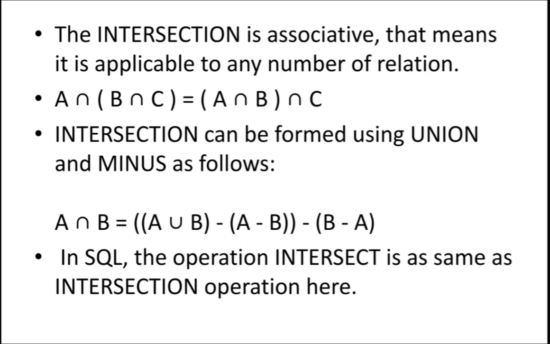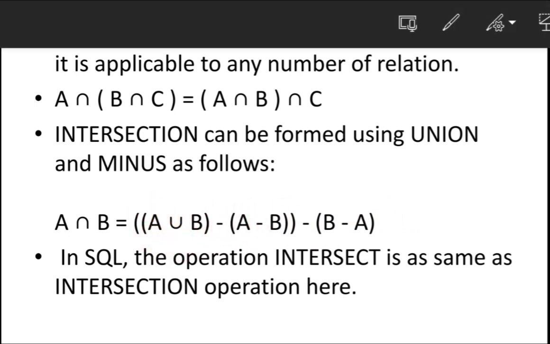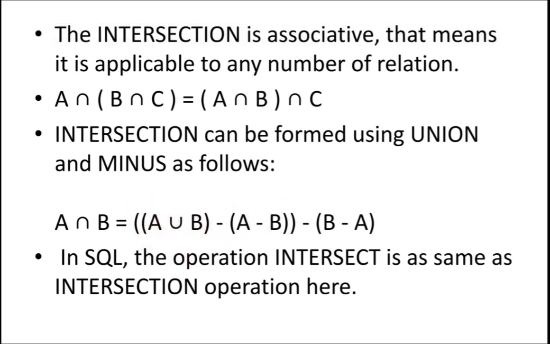And one more important thing, intersection can be formed using union and minus as follows. This is the formula. You can do the intersection operation using union and minus like this: (A union B) minus ((A minus B) union (B minus A)).